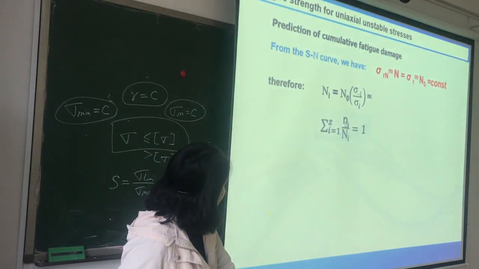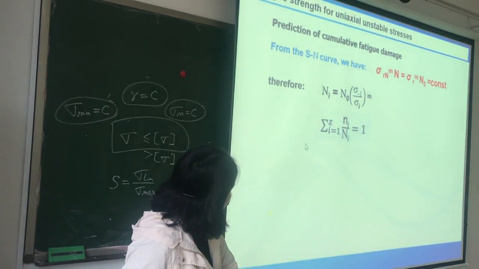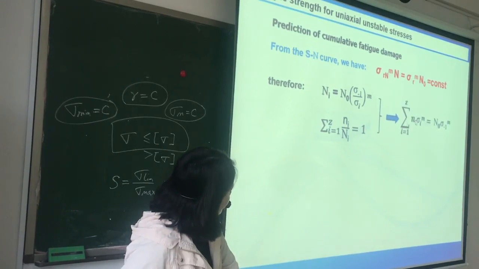Substituting this equation into this equation, we have sum of ni times sigma i to the m equals N0 times sigma minus 1 to the m.